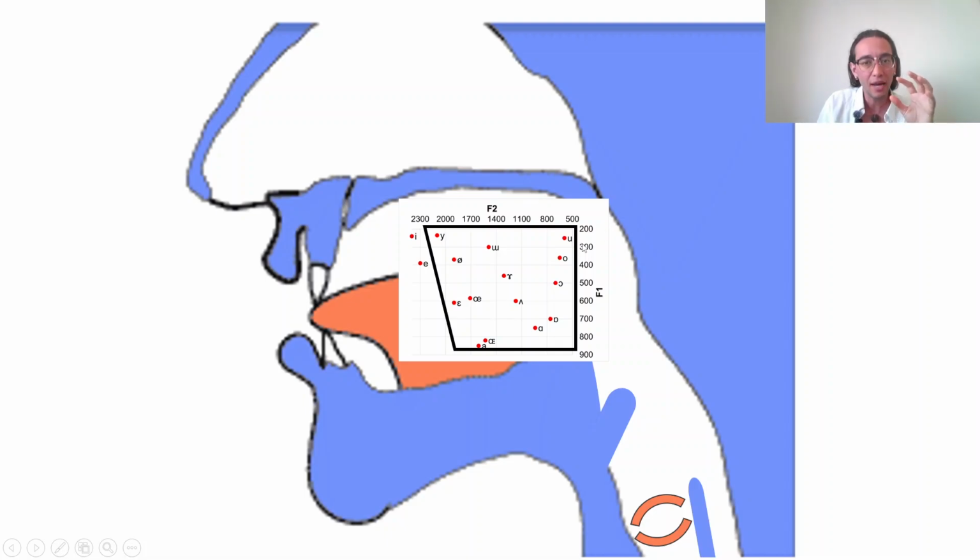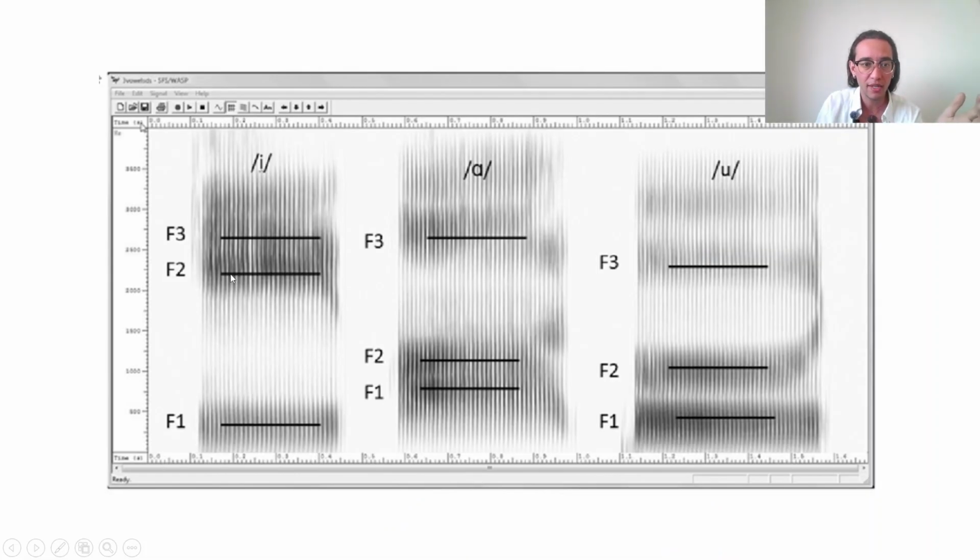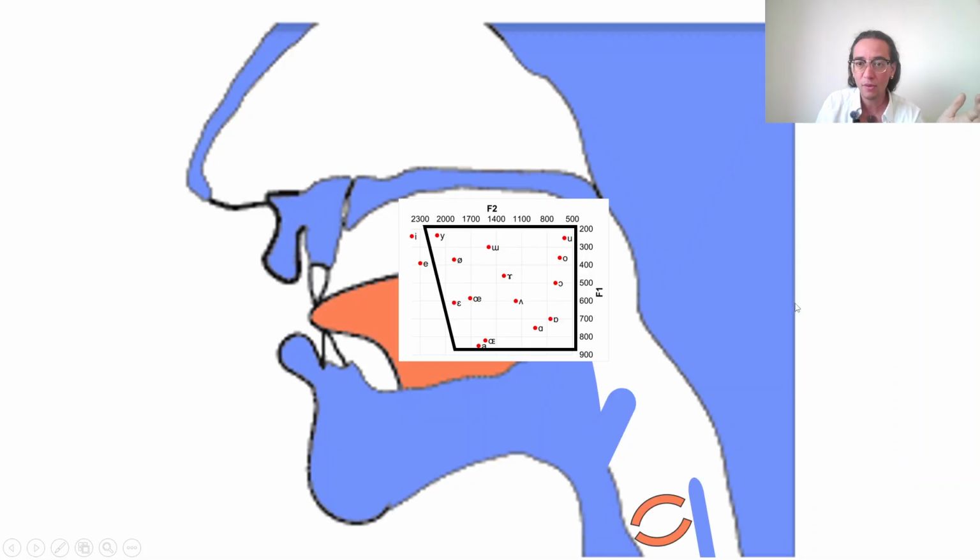We can sort of calculate where the tongue is going to be to produce all of these. So, for E, for example, we know that we have a very low formant 1 and a very high formant 2. That's what we've got here, yeah? And then we plot them on this graph and we see that that's over there.